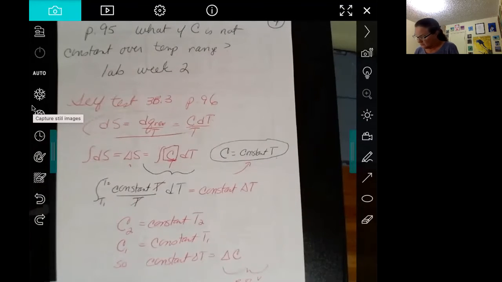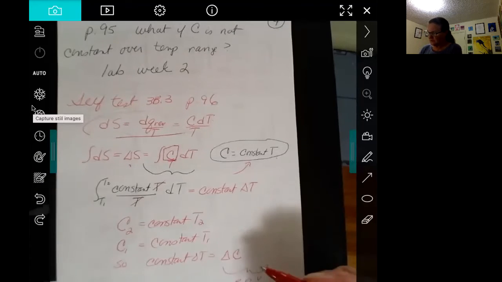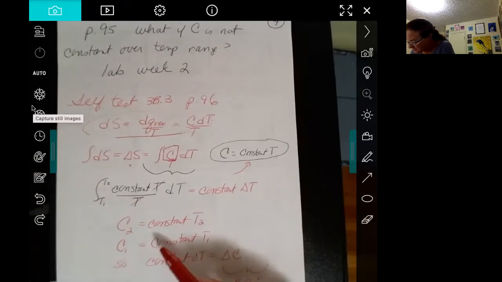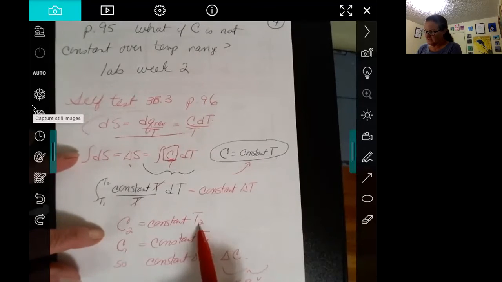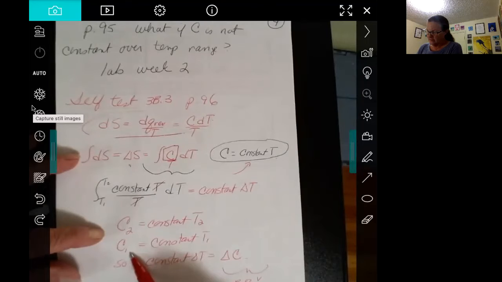So the heat capacity at T2 is equal to a constant times T2, and the heat capacity at another temperature is that same constant times T1.